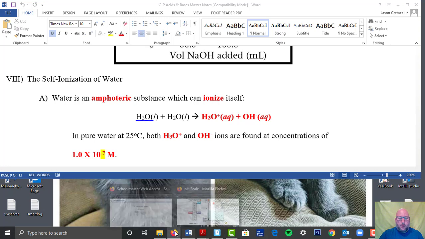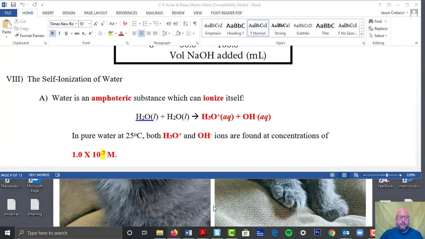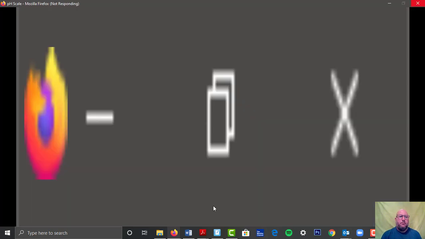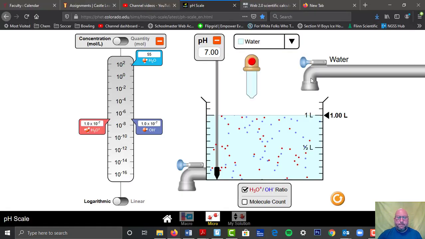And that's what we saw here in this illustration. Okay, so we have an equal amount of red dots, equal amount of blue dots in proportion. They are equal with a concentration of 1 times 10 to the negative 7.